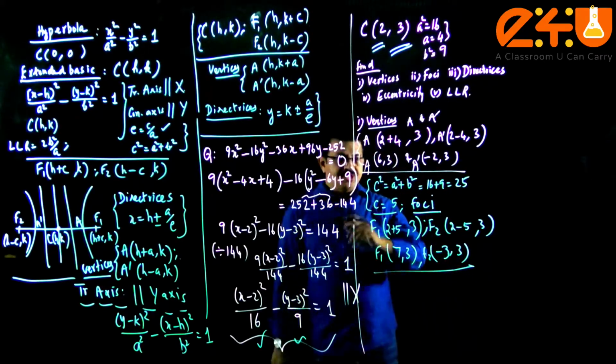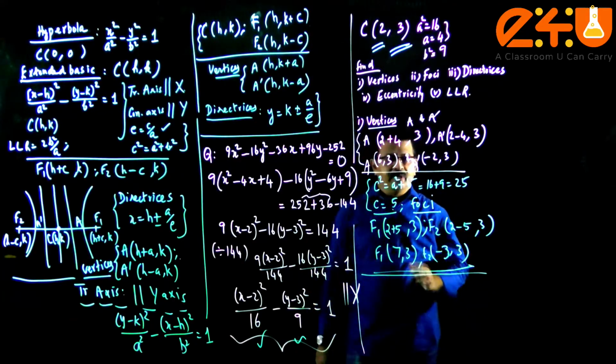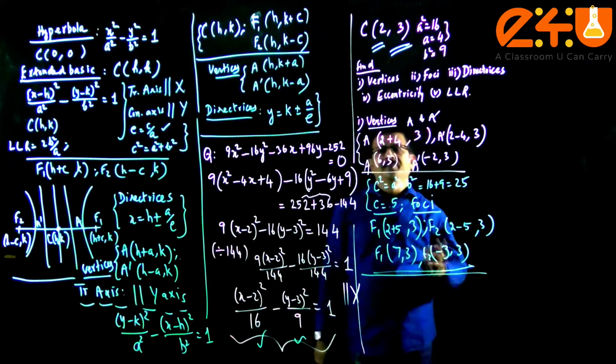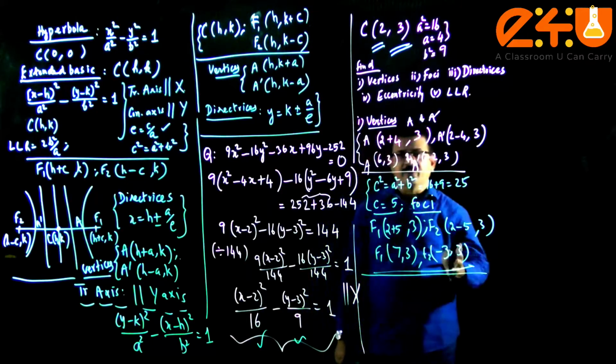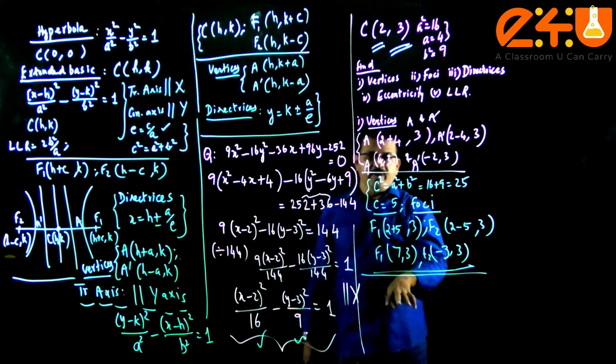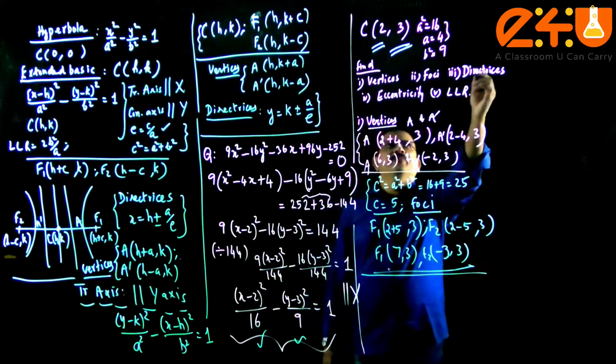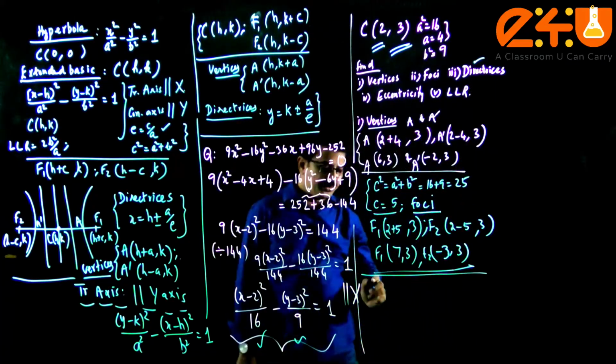Okay, I hope students understand. It's very easy. You just have to move the coordinate forward and backward, or say to the right and to the left, to get the foci coordinates, to get the vertices, and to get the directrices also.